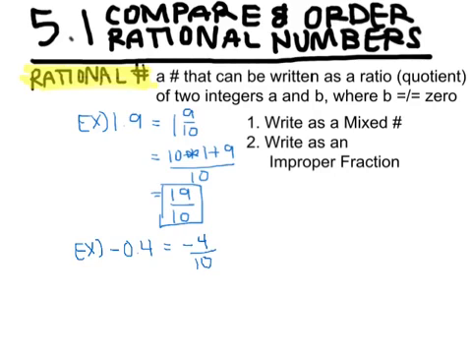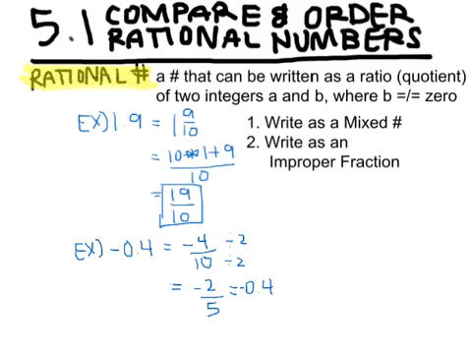That's right, we need to simplify completely. So we're going to divide both the numerator and the denominator by 2. And we're going to get an answer of -2/5, which is our -0.4. Check, so it does check out.